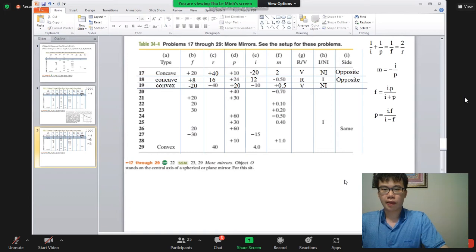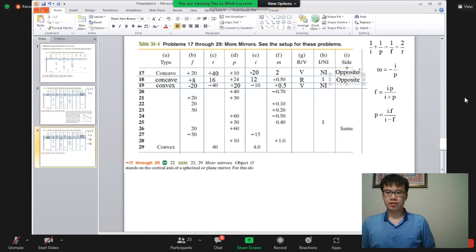It should be non-inverted because the image has the same direction as the object, because the magnification is positive, right? And how about the size? Same size or opposite size? Same size. Okay. The second one should be the same size, but the third should be opposite, right?